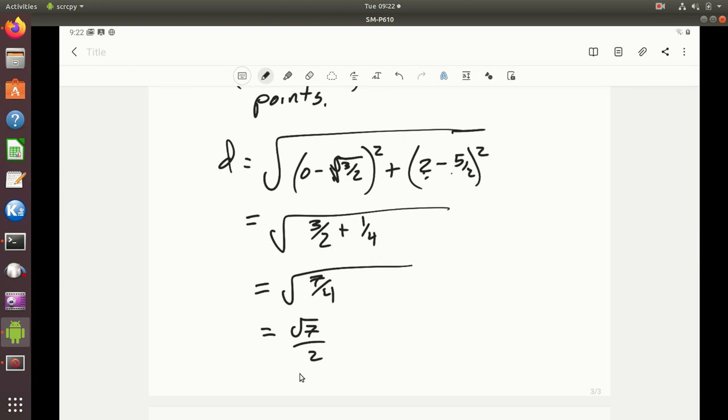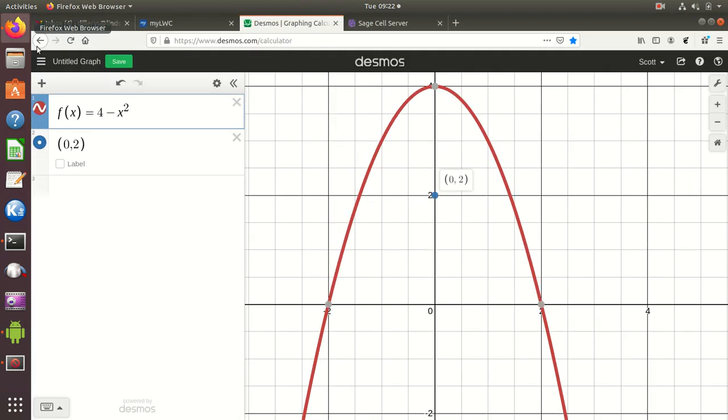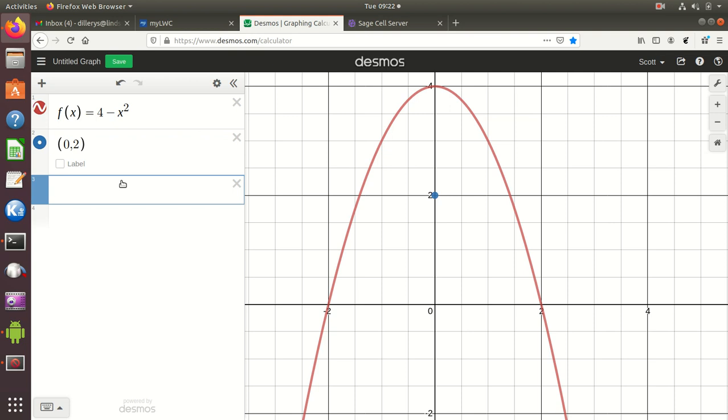Okay. So if we go back and look at this picture, let me put in those points. Let's put in the point minus the square root of 3/2, comma, and what was the y value? 5/2.